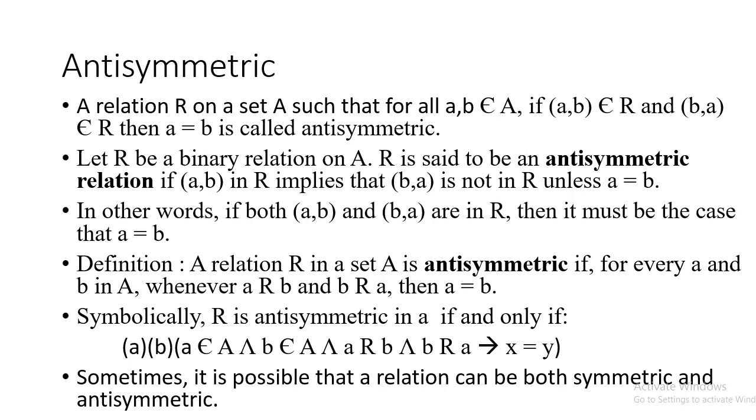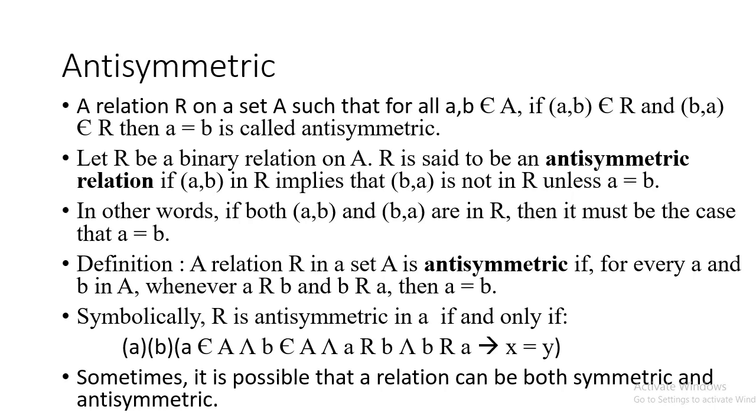Next, our next property is the antisymmetric. For the symmetric property, the condition is that if the relation includes the pair (a, b), then it must include the pair (b, a) also. Now, what about the antisymmetric?